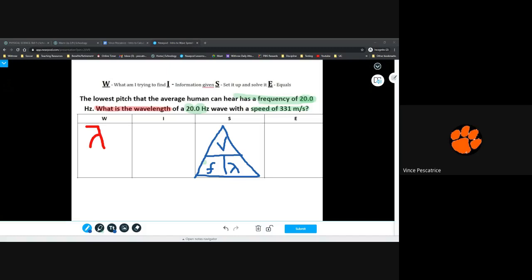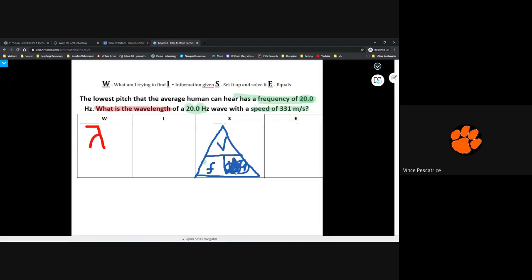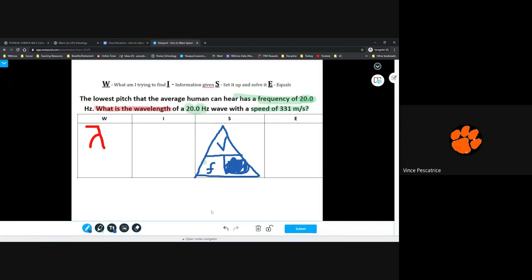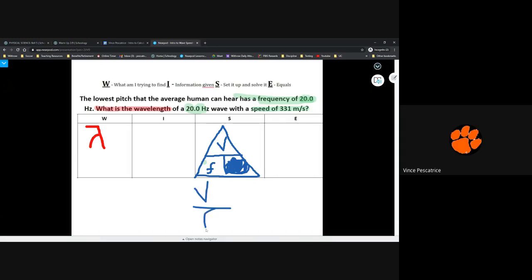You should be trying to cover up what the question's asking you for. So look in that W box. Whatever you put in the W box is what gets covered up in the triangle. Good, wavelength is correct. So that's this guy down here. I'm just going to scribble over him. So that literally leaves V on top of F.